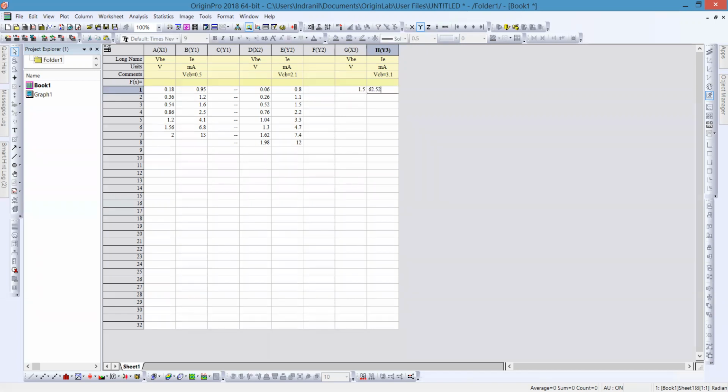Oh, before 1.5, there was no point. We took 1 volt, sir. 1 volt, 15.64. And shall I mention that millivolt also? No, no. Okay, 1.5, 62.58.